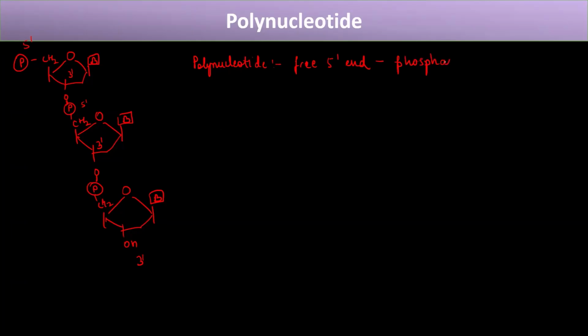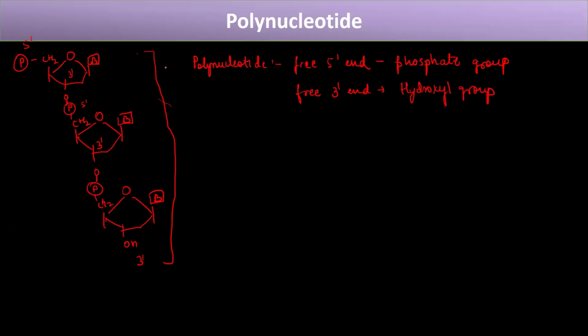So it will have a free 5 prime end with a phosphate group, and then a free 3 prime end, and that will have a hydroxyl group. So whenever this chain terminates, it will be read like this. Here it will have 5 prime, and then new nucleotides will add, and the end will have the 3 prime hydroxyl group. So this is the direction of this polynucleotide.